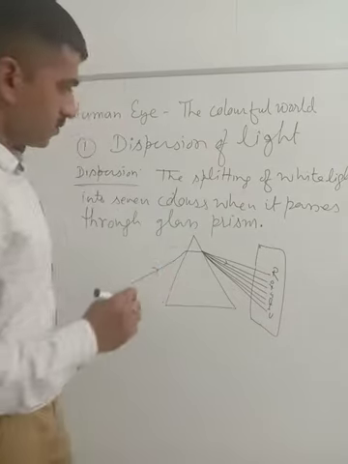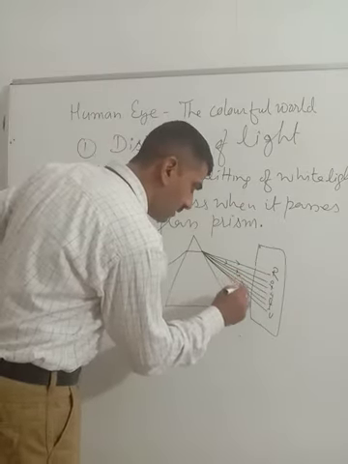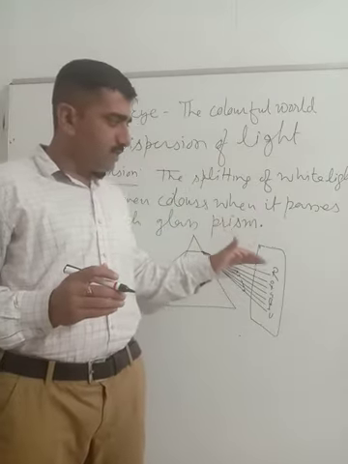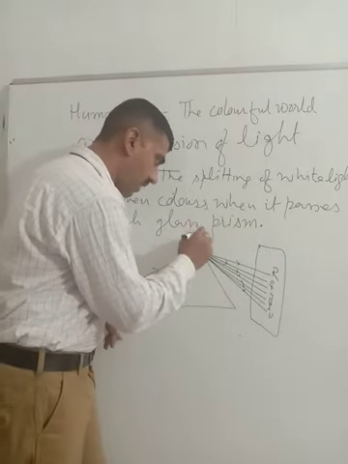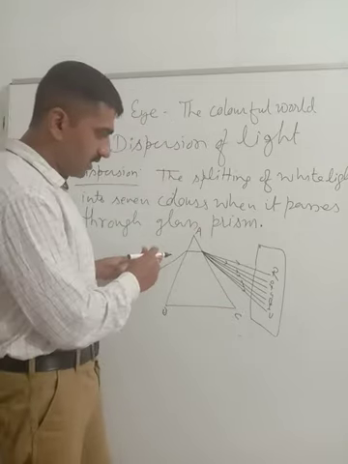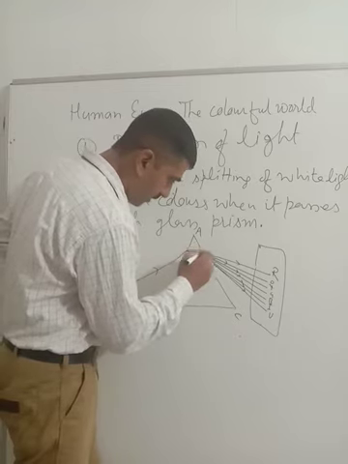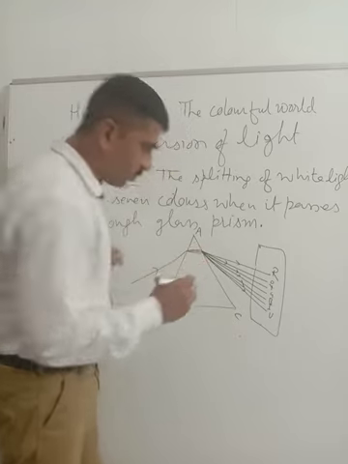You can see that the red color bends the least. This is called the angle of prism A, this is B or C. So you can say this is the incident ray, and this is the refracted ray. This dispersion phenomenon occurs between the two extreme colors.